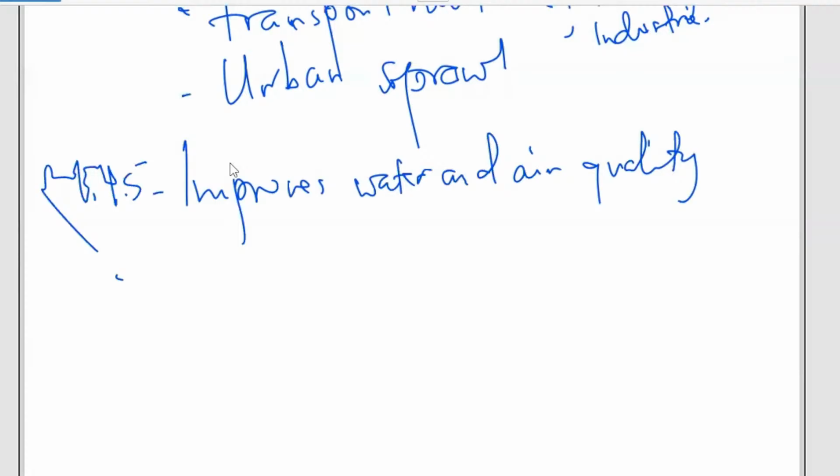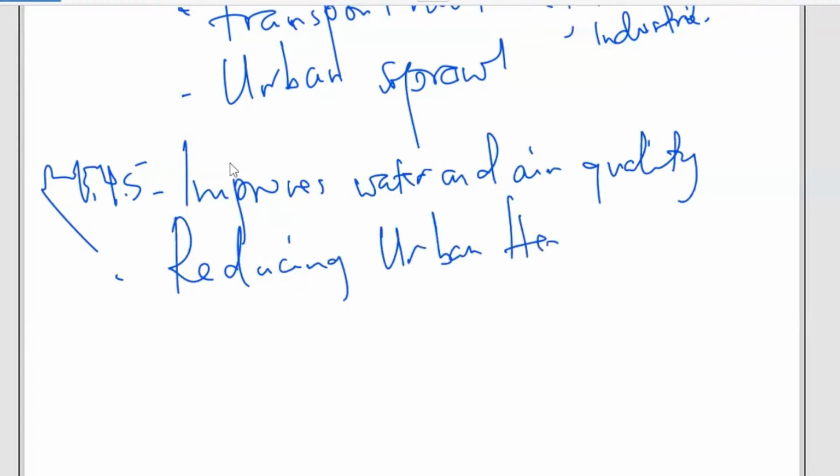Then we can also talk of reducing the urban heat island. The effect of high temperatures in the urban area is lessened by the green belts, and we can also use it for flood control.